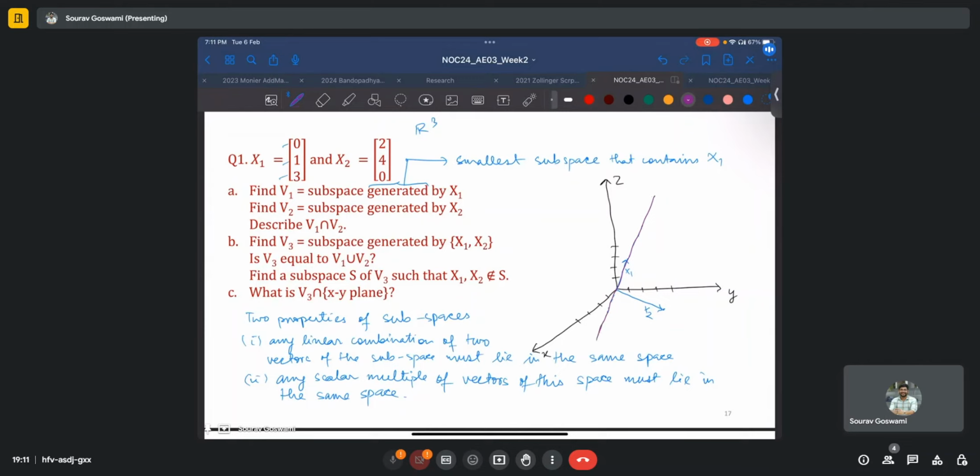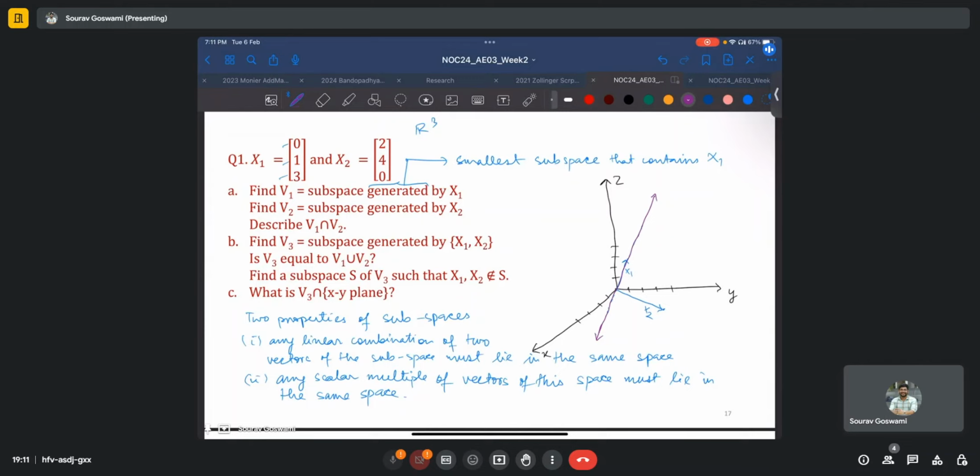This line, which of course extends indefinitely on both sides, that contains x1 will also contain any scalar multiple of x1. At the same time, any linear combination of x1. So say you have x1 plus 0, that is very critical.